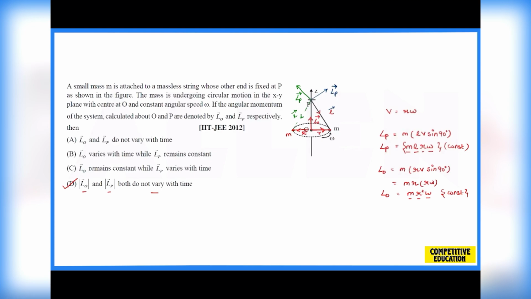Again, using the right hand thumb rule, you can find that the direction of L_O vector will come like this only. So the direction is not changing with time and the magnitude is also not changing with time, which means the L_O vector is constant. In option C it is given that L_O vector remains constant but L_P vector varies with time. So this option is also correct.